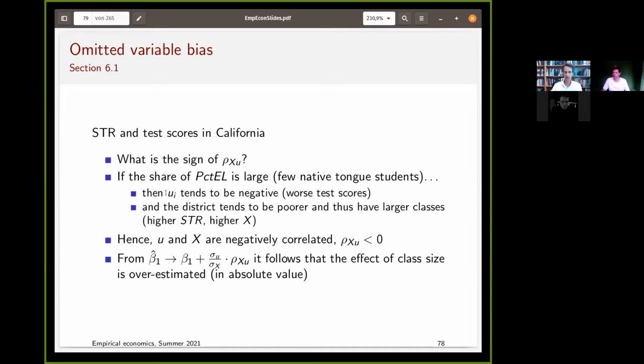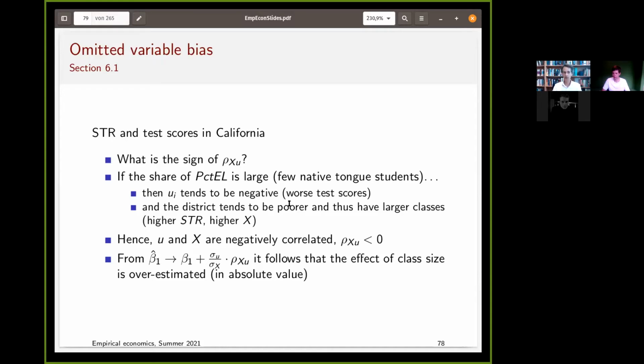So we have a direct effect of the confounding factor, the omitted variable, which corresponds to the Z variable in the previous abstract example, on the error term. And second, if we look at a district where the percentage of English learners is large, so where many immigrants tend to live, then those districts tend to be relatively poor in comparison to other districts. So it's a poor district, and that means that this district has fewer tax revenues and therefore less money to spend on schools.